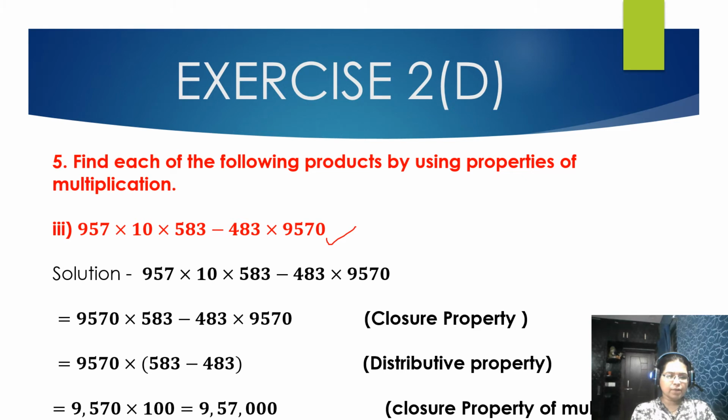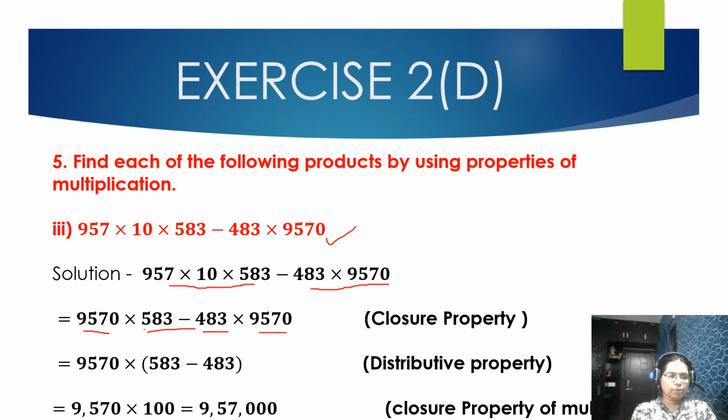We can write 957 multiplied by 10 is 9570, multiplied with 583 minus 483 multiplied with 9570. As we get 957 multiplied by 10 is 9570, and this is the closure property.